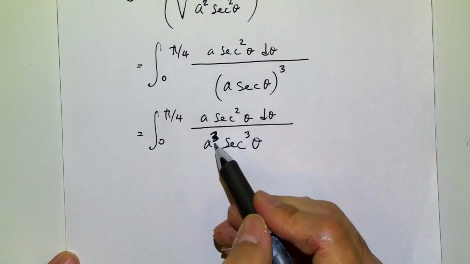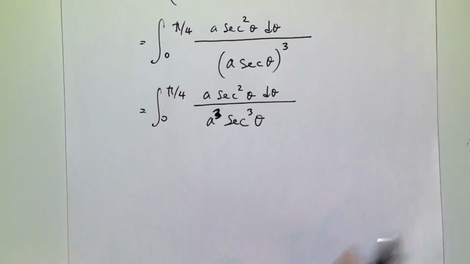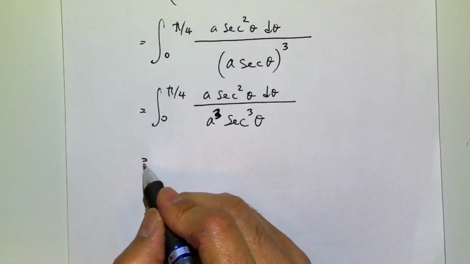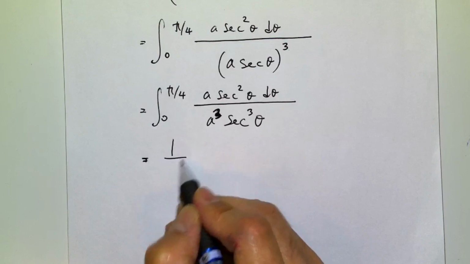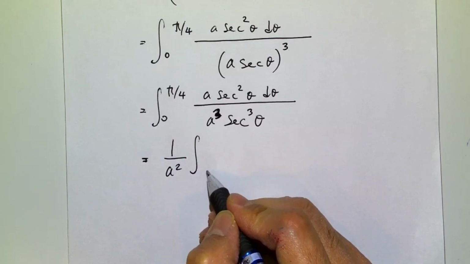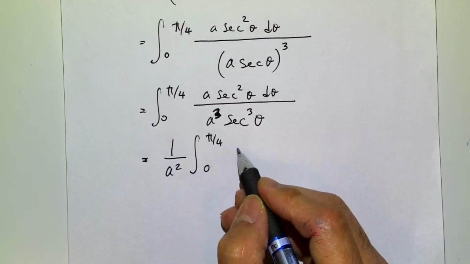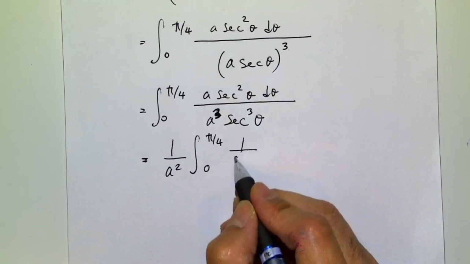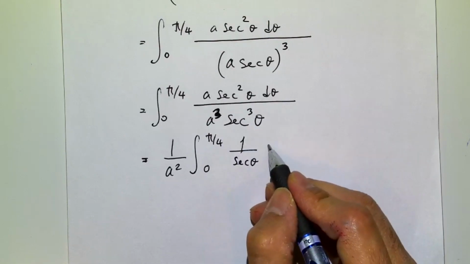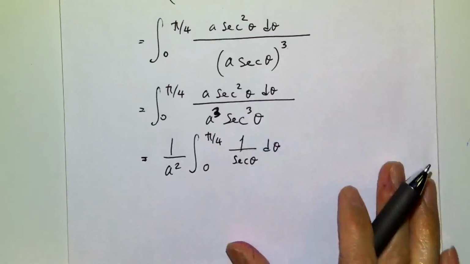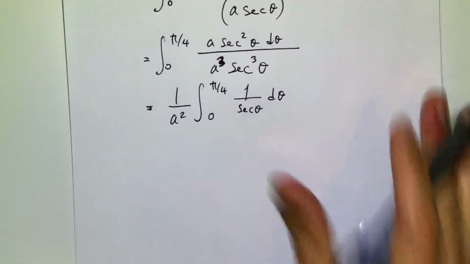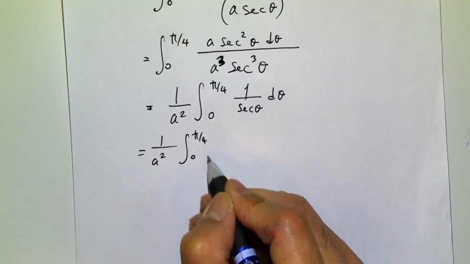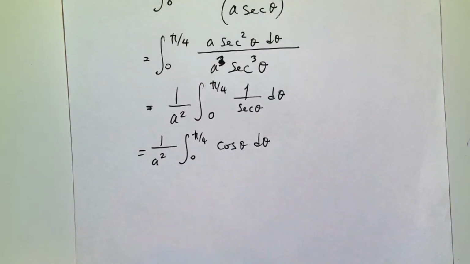Now you can see that this a and this a cubed simplify each other, and then we can pull them out and place it in front of the integral. So we get 1 over a squared, integration from 0 to pi over 4 of 1 over secant theta d theta, after simplifying, and that's cosine of theta, right? So we have 1 over a squared from 0 to pi over 4 of cosine of theta d theta.